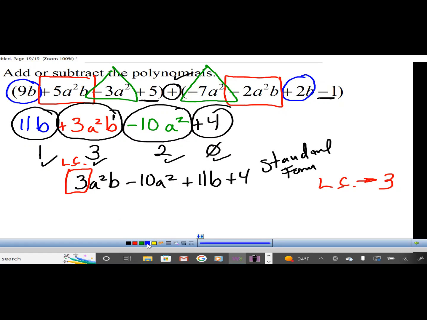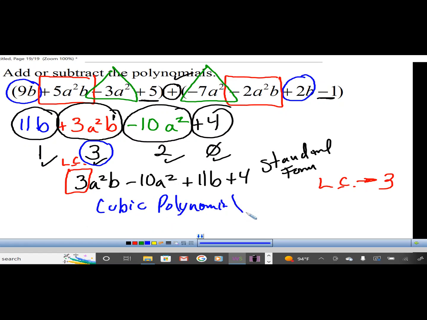Tell your neighbor the name for this one. All right, I heard some people say that the highest degree is 3. That is correct. So this is a cubic. That is correct. How many terms? 1, 2, 3, 4. So it's a polynomial.